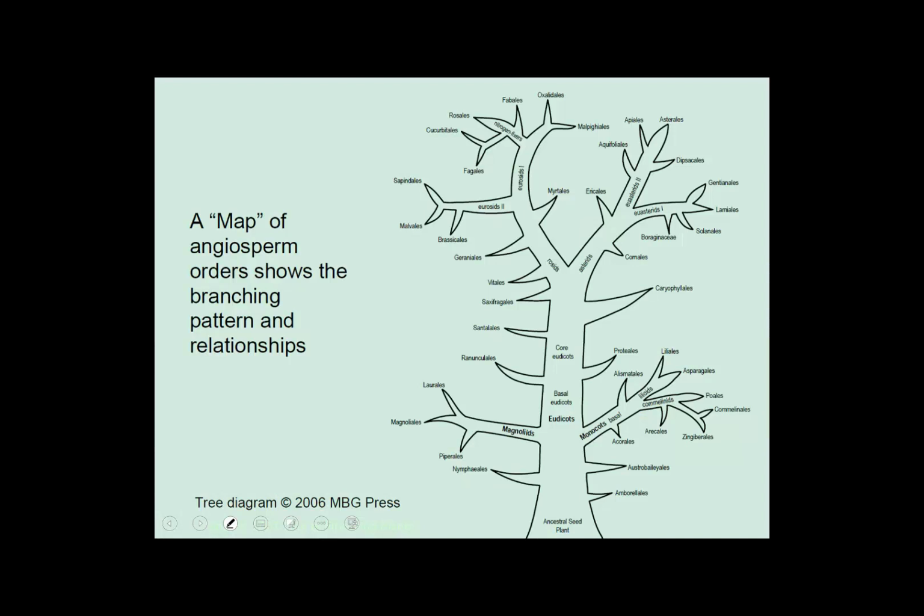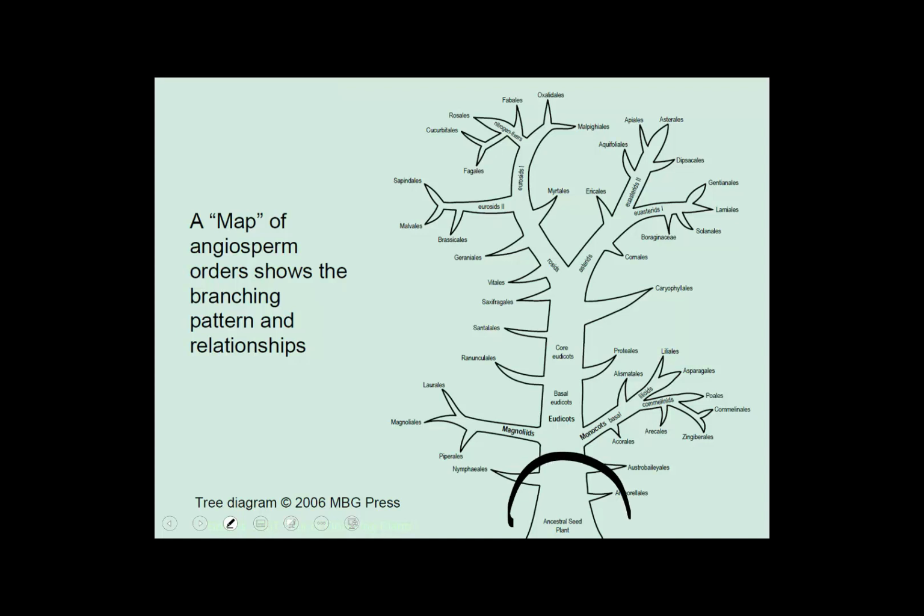Here's a more realistic view of plant evolution, and what it does is recognize that there's basically a tree-like branching pattern of lineages, and that rather than being 2 simple groups, there are different groups that diverged from the basal group at different times.